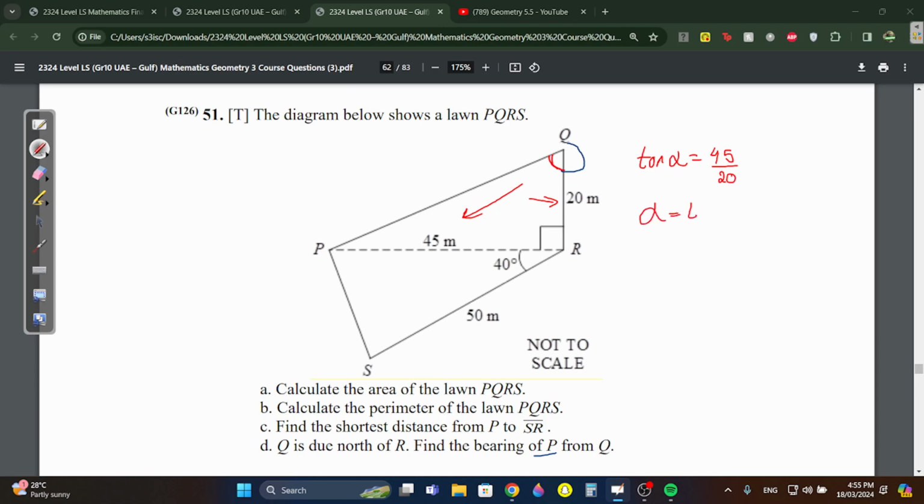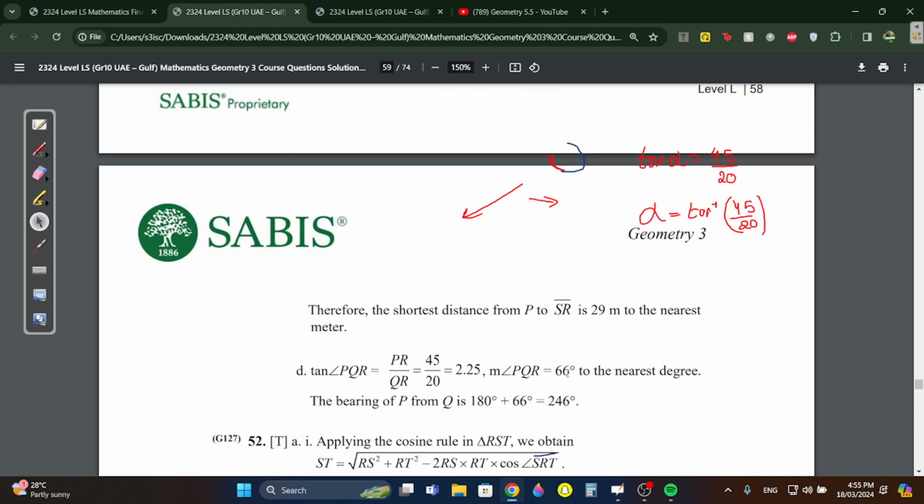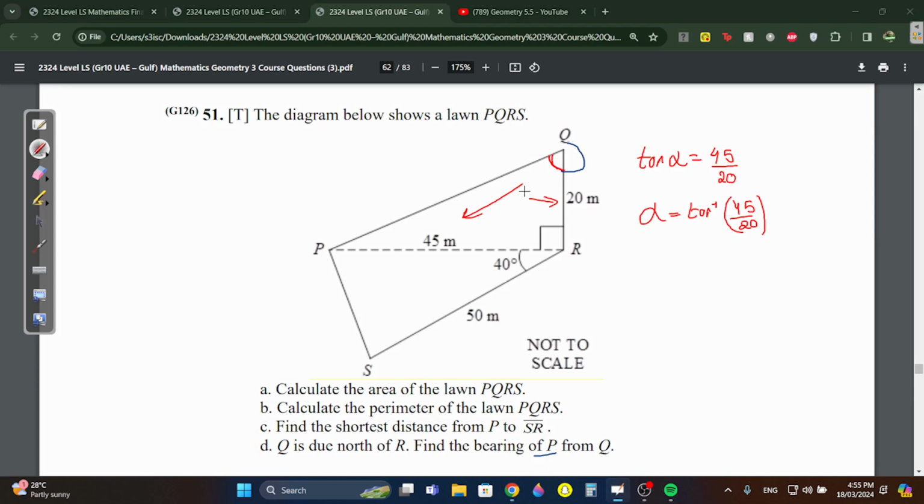So alpha equals shift tan of 45 over 20, which is 66. So this is 180 over here, 66 over here. What's the total bearing? 180 plus 66, which is 246 degrees.